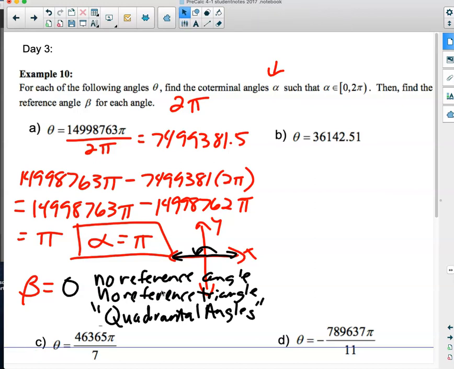And we don't have enough background to actually go through and talk any more about those at this point. We will. Eventually, we will talk about those special quadrantal angles. But for now, they just wanted to know, hey, what's that coterminal angle between 0 and 2 pi, and what we would have for a reference angle.